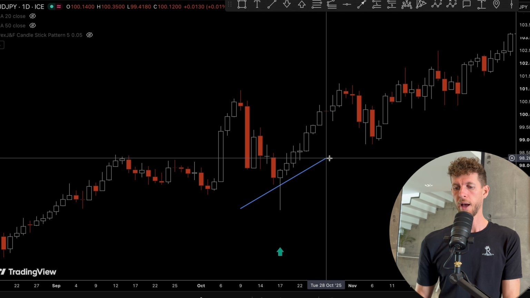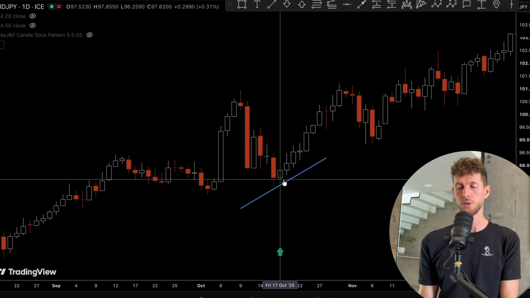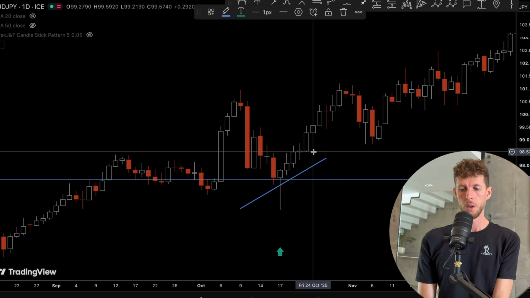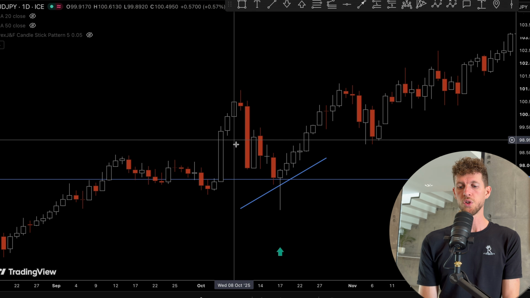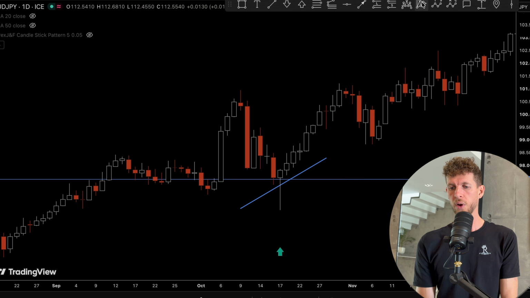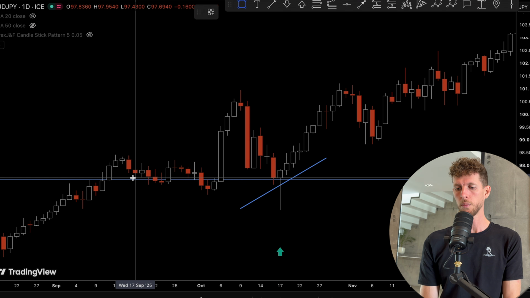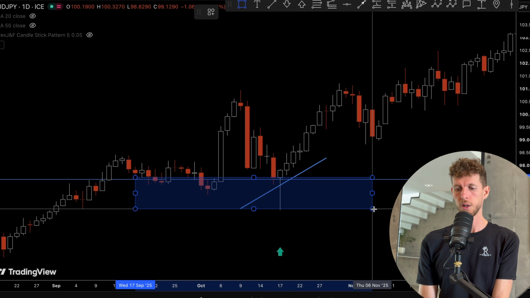You can have a really strong horizontal line there that it might be rejecting. You could have a zone that it's rejecting there, so a certain price zone, for instance.